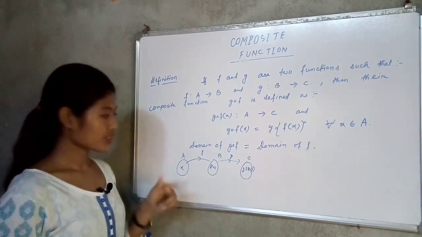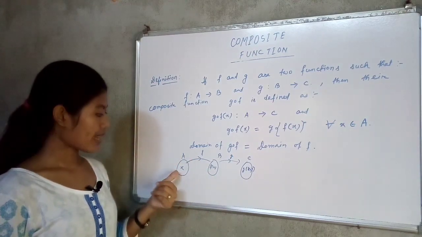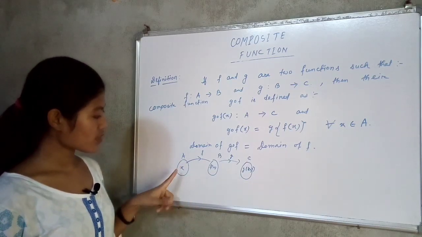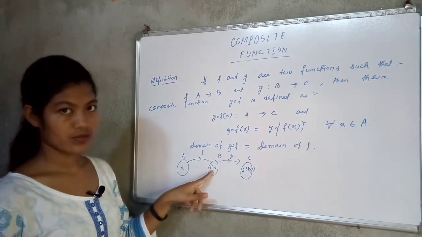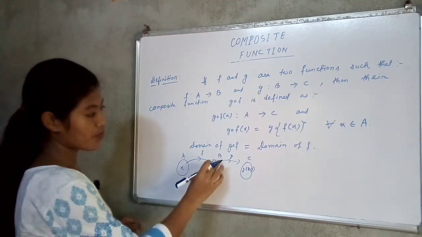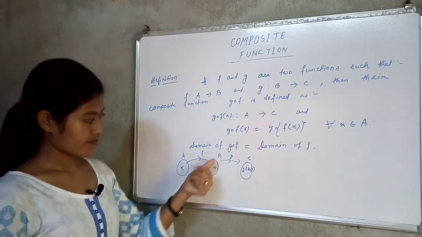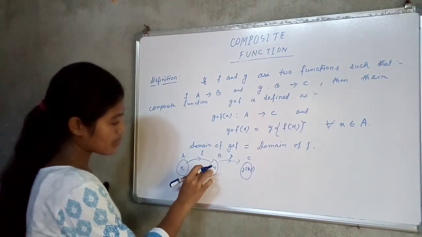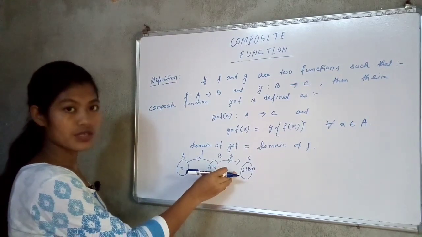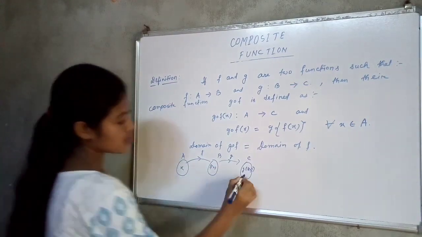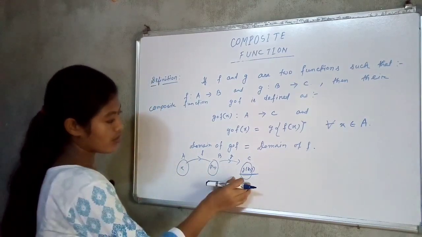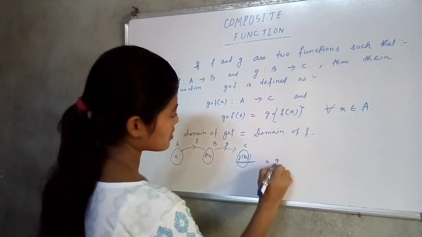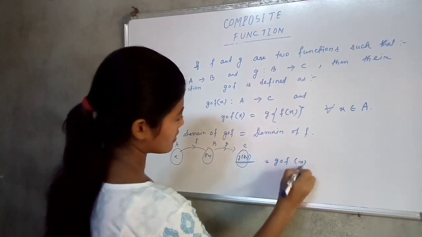When we take a function f from A to B, the element in the set A is x, then the image of this element x will be f(x), no doubt. Now another function goes from B to C. Then if we take this element as a domain element, it will have an image in the form g(f(x)). So this is called the composite of these two functions f and g, denoted by g∘f, which is nothing but g(f(x)).